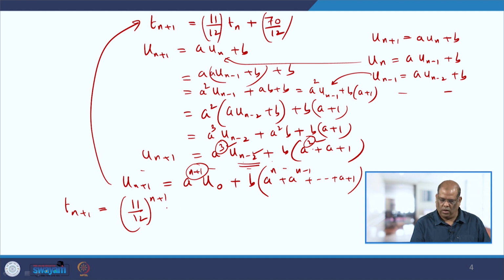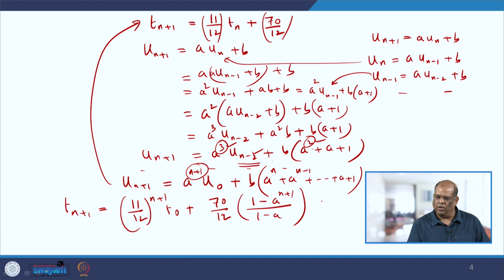into T_0 plus b is 70 by 12, and this is (1 minus a to the power n plus 1) by (1 minus a), because your a is equal to 11 by 12, which is less than 1.